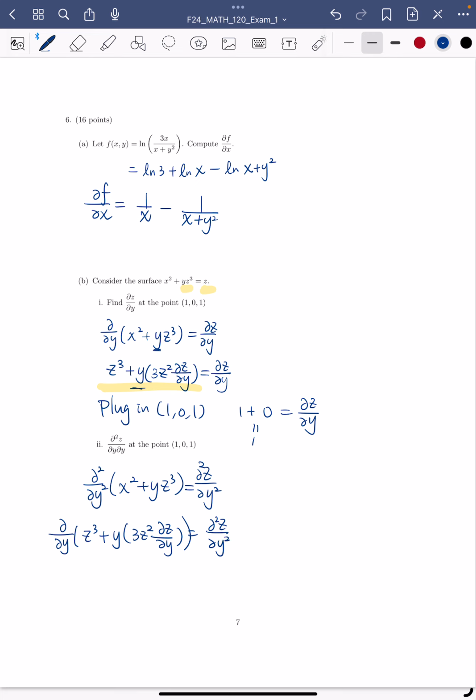Okay, so on the left hand side we get z squared. Here you don't get anything, then you first differentiate with this y.